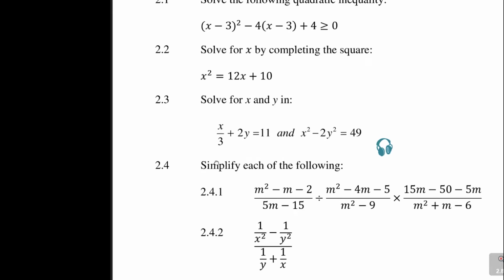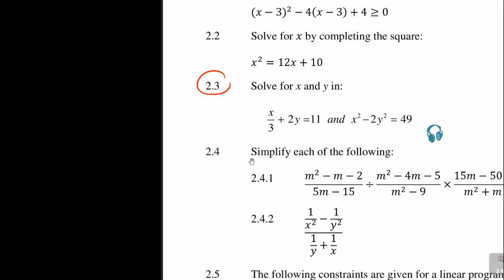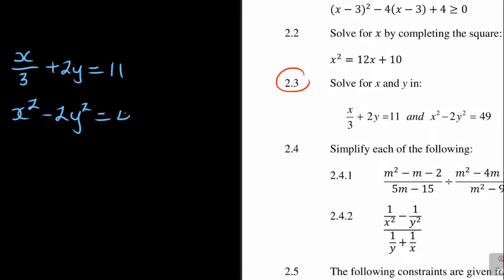Let's go to 2.3. 2.3 is focusing on what? For x and y simultaneous equations. Let's do that. What do I have? I have here x over 3 plus 2y is equal to 11, and then I've got x squared minus 2y squared is equal to 49.